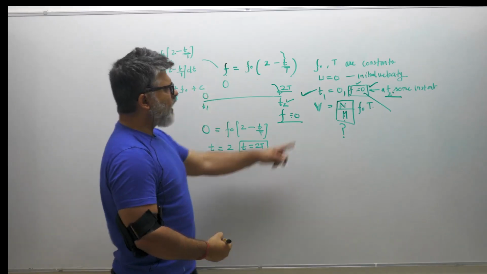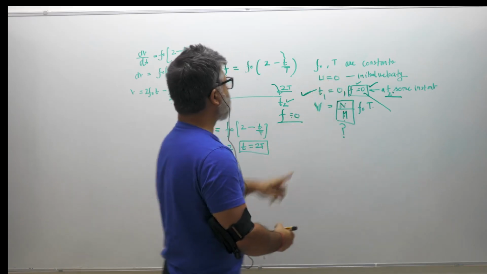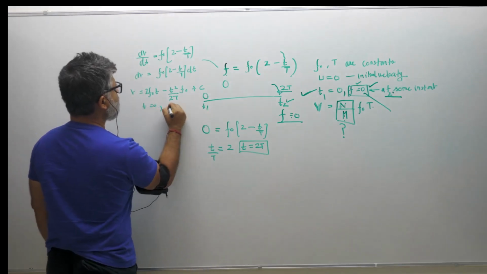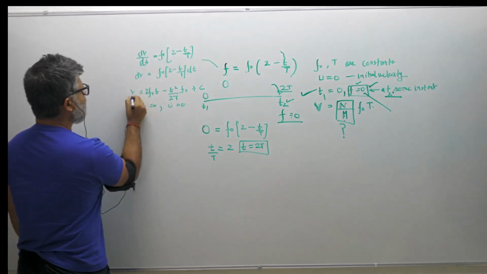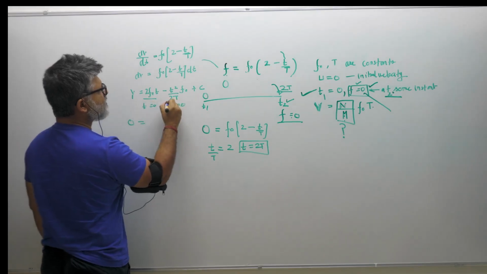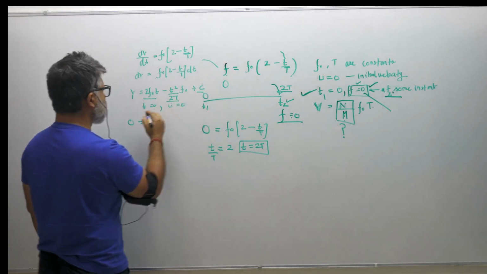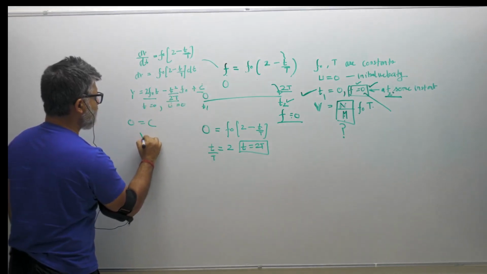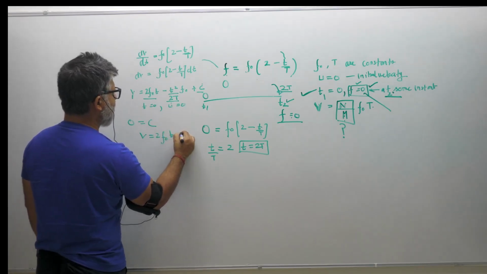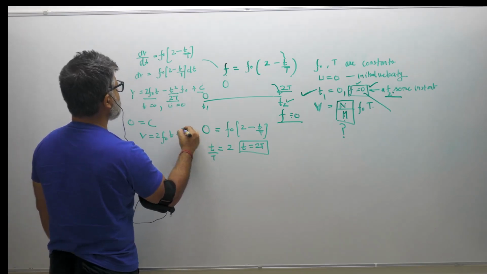And I have not used the initial condition as yet. The initial velocity is 0, which means at t equal to 0, v is equal to 0. This becomes 0, this becomes 0, so your constant of integration is also 0. So you're left with only v equal to F naught (2t minus t square by 2T).